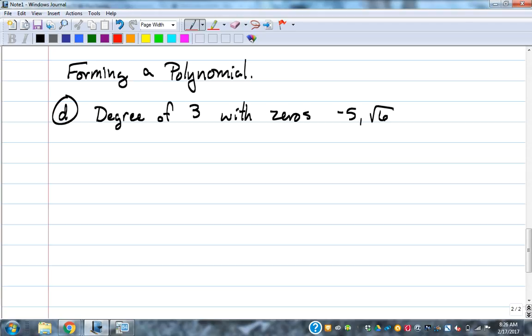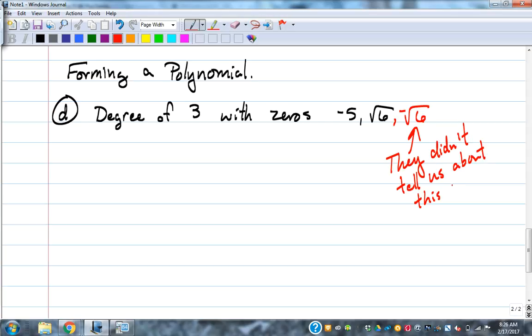That's where that's coming from. So we've got to insert negative radical 6. They didn't tell us about this one. Okay, but we got to know it's there because we're smart.